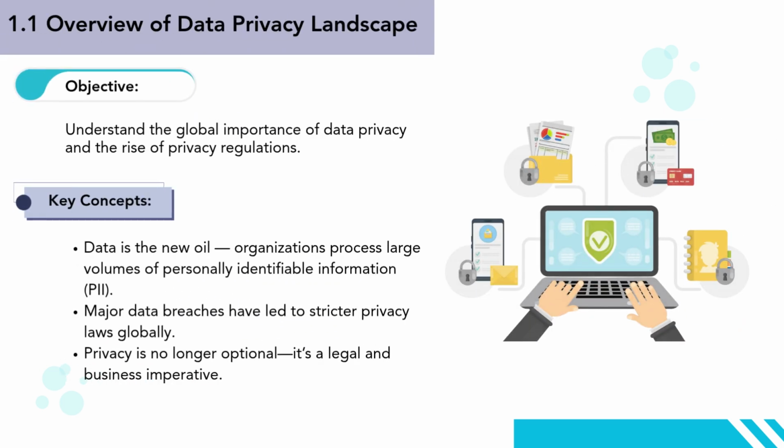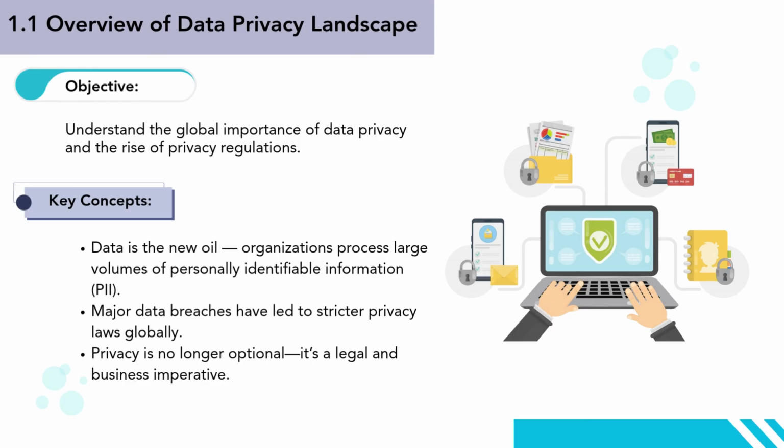This section provides an overview of the evolving data privacy landscape, emphasizing the global significance of protecting personal information. It highlights how data has become one of the most valuable assets for organizations, often referred to as the new oil, with businesses processing vast amounts of personally identifiable information.